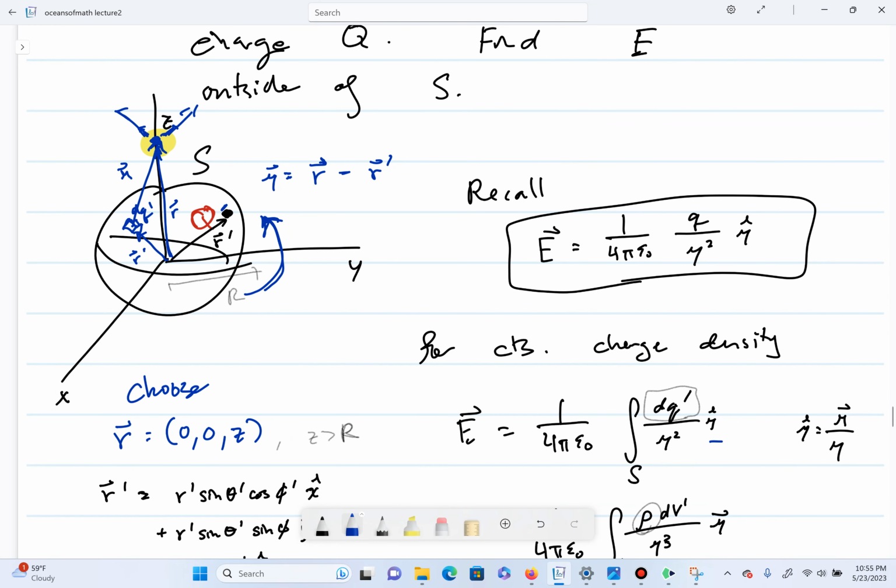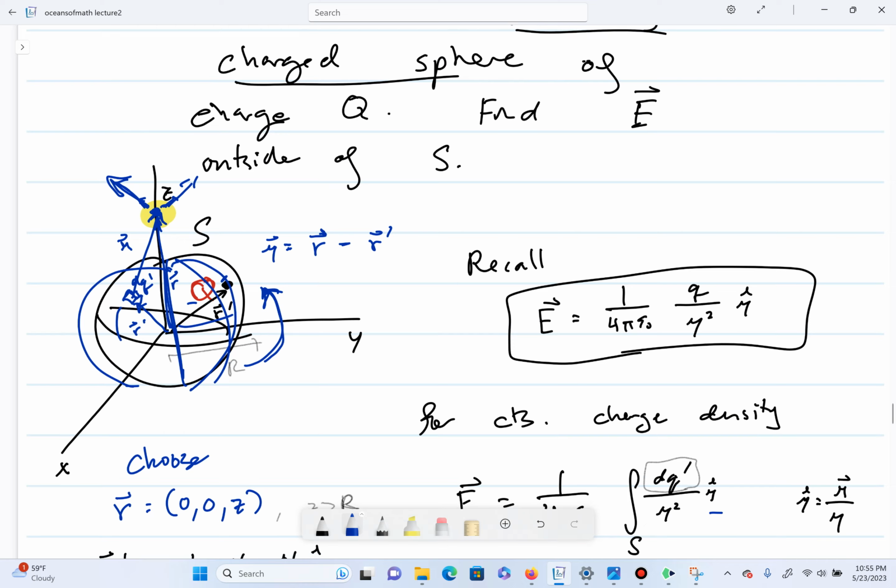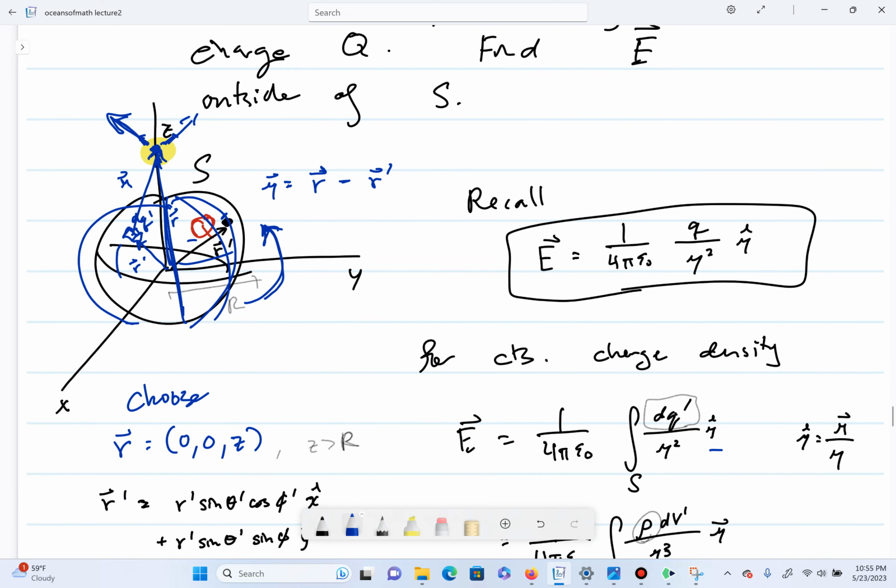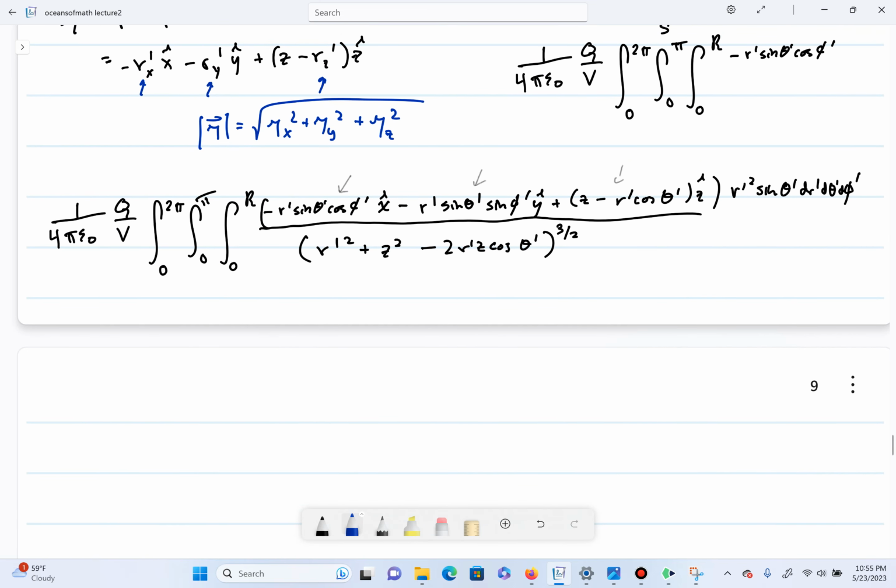In particular, we should have everything canceling out except for the z component, right? We shouldn't have this half of the sphere contributing more than the opposite half, so that somehow the electric field is pointed away from the z-axis. That's not going to happen because the sphere is uniformly charged. And so we should expect this integral should vanish except for in the z hat term.